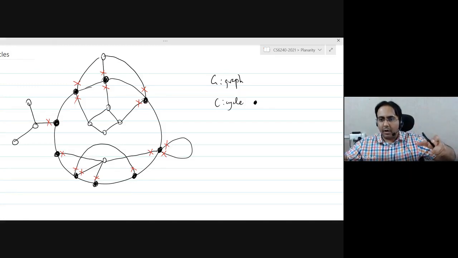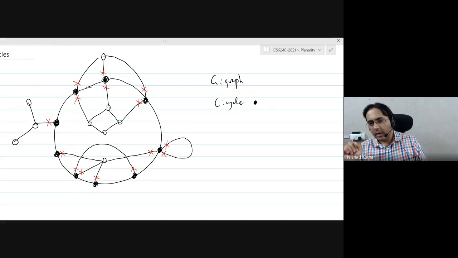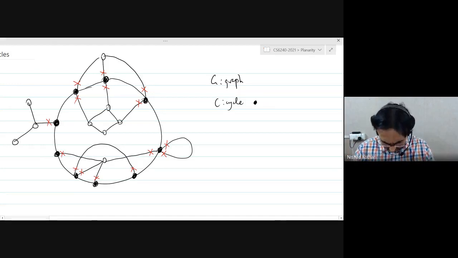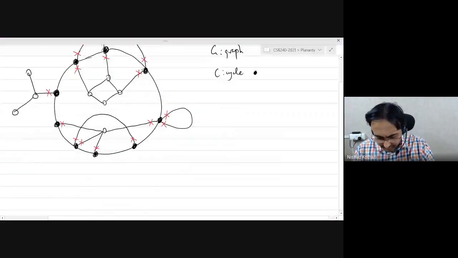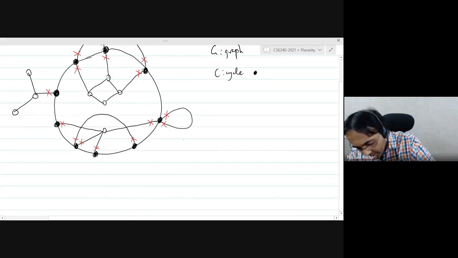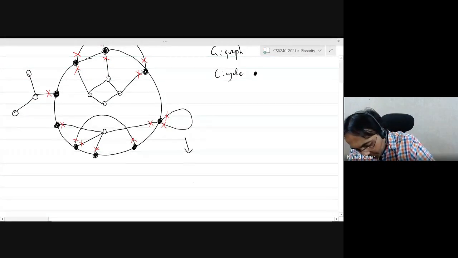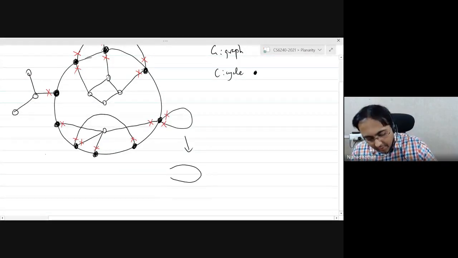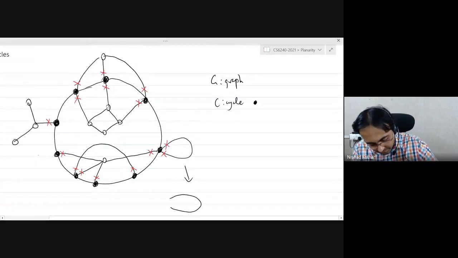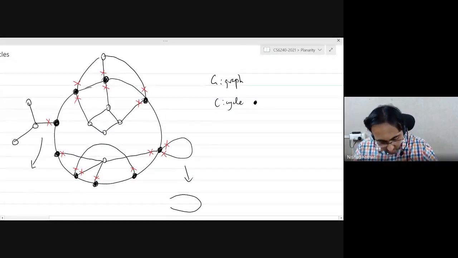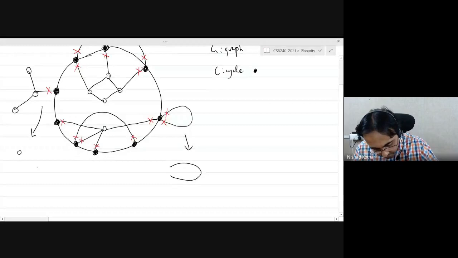Now you have the cycle and you have other pieces of the graph. These pieces are called bridges of the cycle. There is one problem. You have pieces that don't have the end vertices. For example, this loop would become a piece like this, and similarly this one here would look like this.